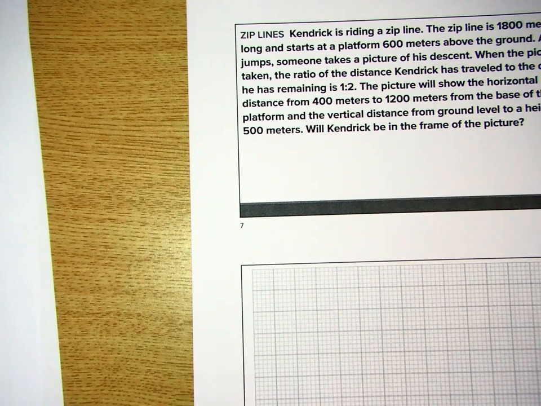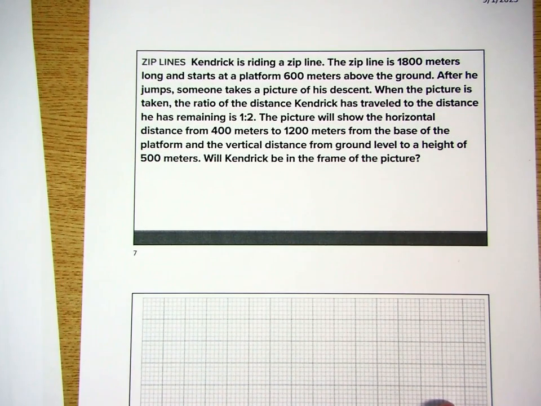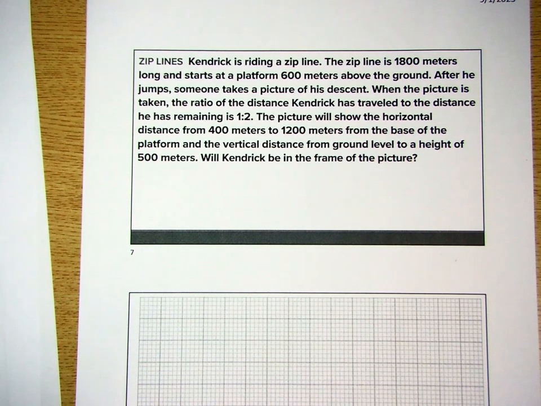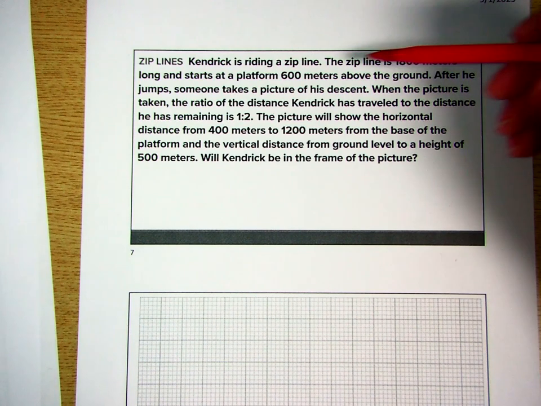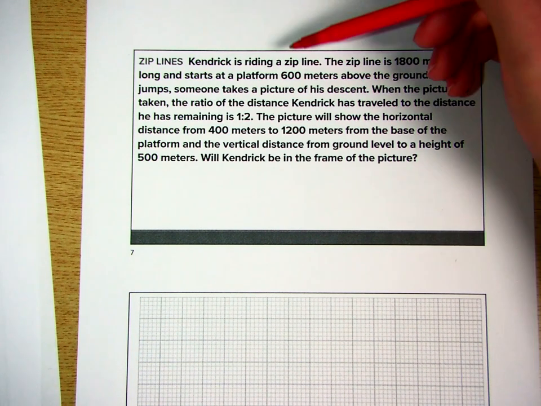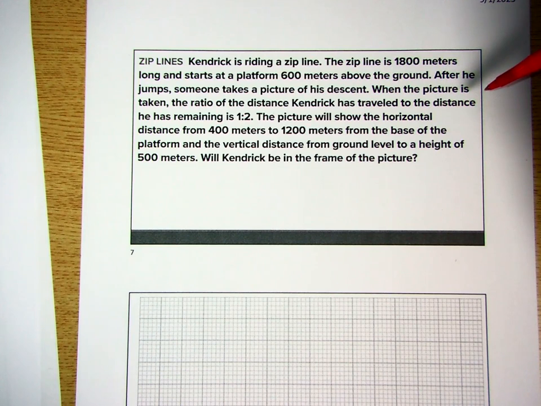Our last question here is, Kendrick is on a zip line, and he's riding 1,800 meters. The zip line's 1,800 meters long, and it's starting 600 meters high above the ground. After he jumps, someone's going to take his picture.